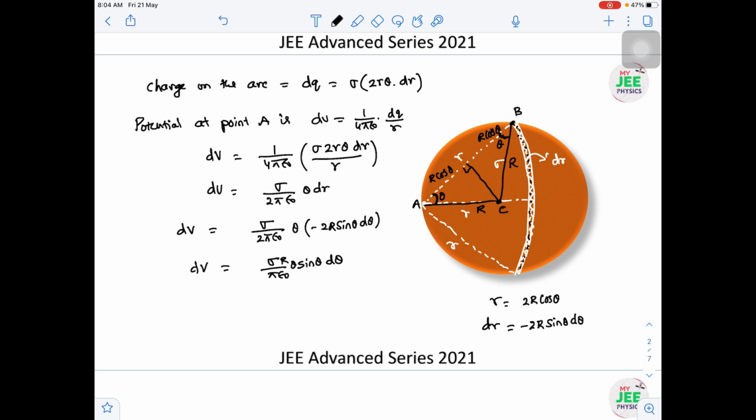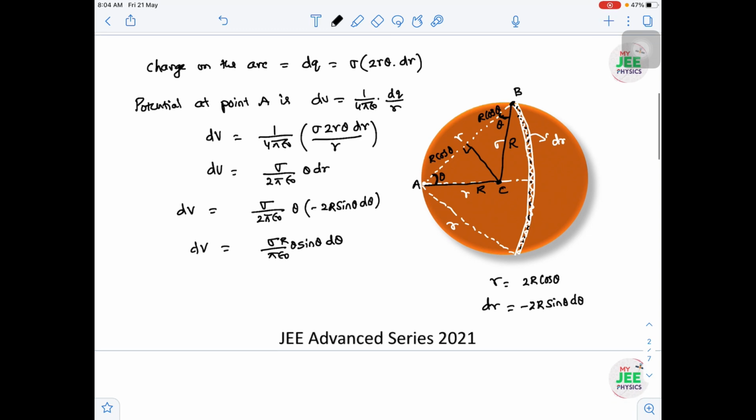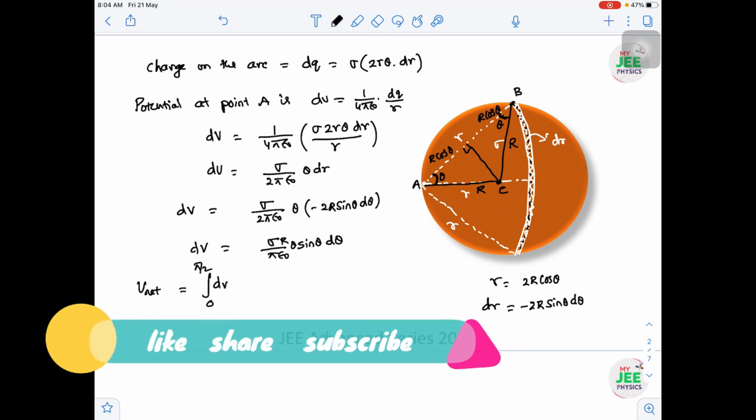Now I want to know the net potential at point A due to the entire disk. If I want to find the total for the disk, then the net potential at point A is equal to the integral of dV from 0 to pi by 2.